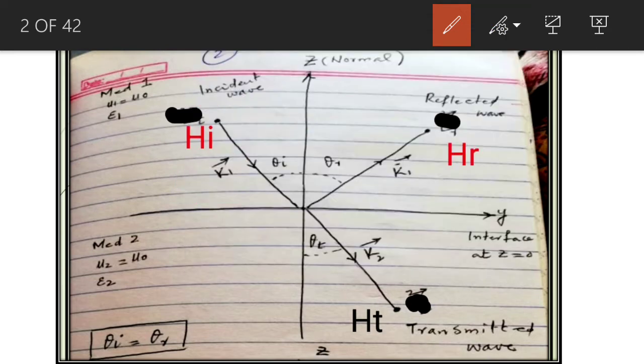A fraction of the energy of the incident wave is reflected back to medium number 1, and this energy is represented by reflected wave. The angle of reflection with respect to normal is theta r, and the propagation constant of the reflected wave is k1 prime.